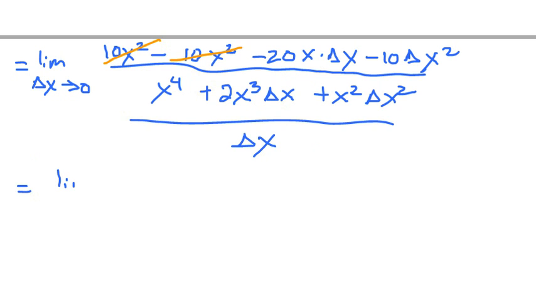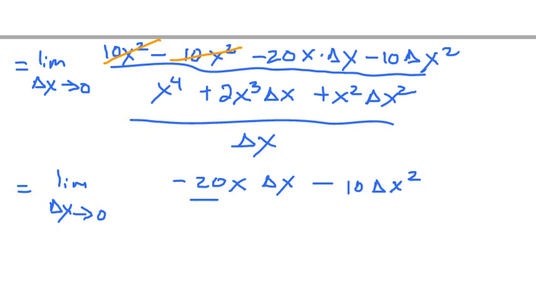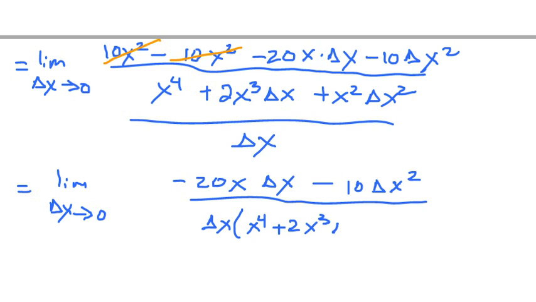So we have the limit as delta x approaches 0 of negative 20x delta x minus 10 delta x squared over delta x, then times x to the fourth plus 2x to the third delta x plus x squared delta x squared. We're almost done.